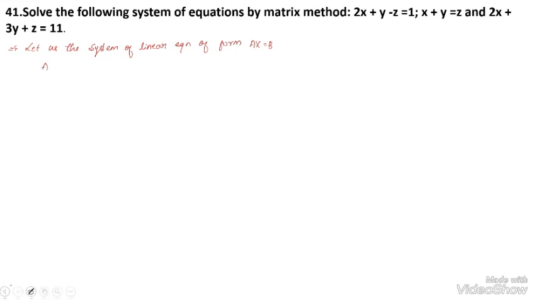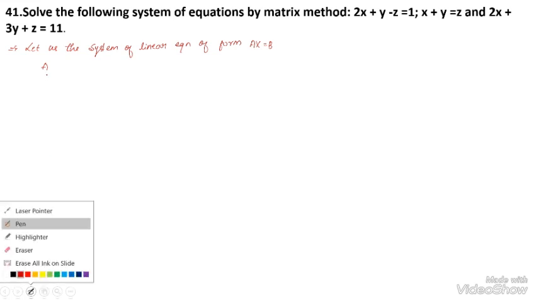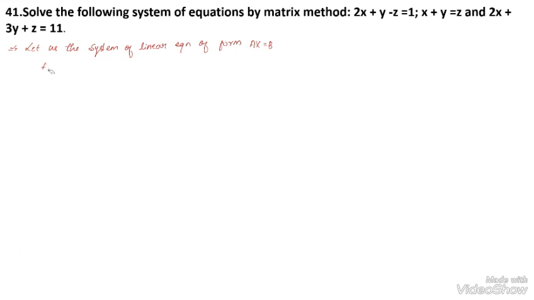First, I can write the values. That is 2x plus y minus z is equal to 1. x plus y minus z is equal to 0. x plus 3y plus z is equal to 11.